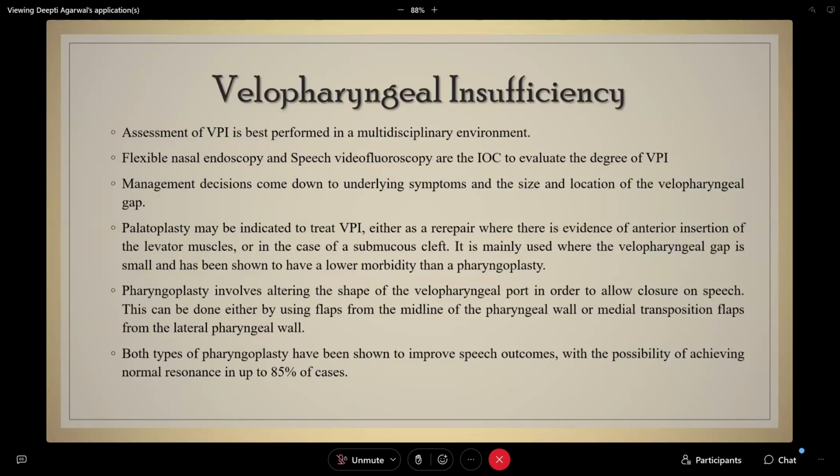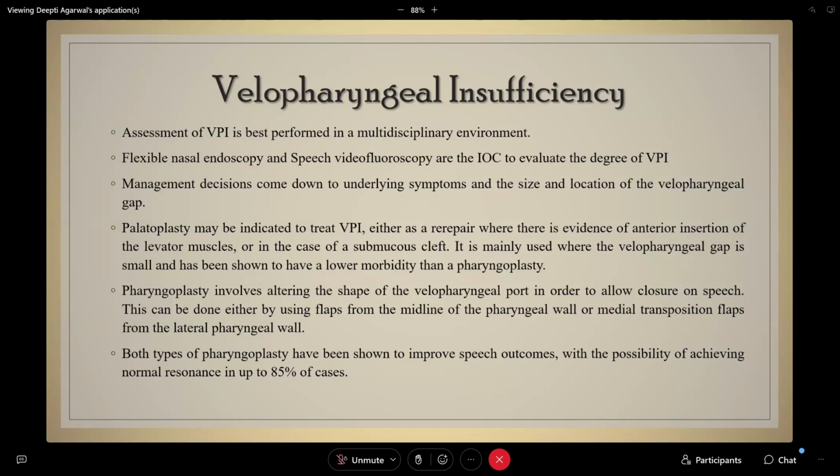Now, velopharyngeal insufficiency. Special mention has to be given to this because of high chances of velopharyngeal insufficiency. It is found in approximately 40% of cases of cleft lip and palate or cleft palate alone.